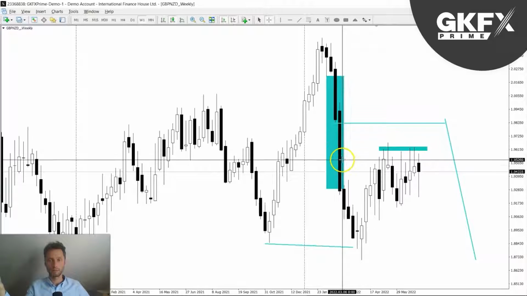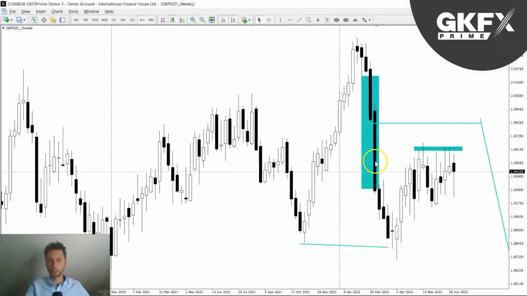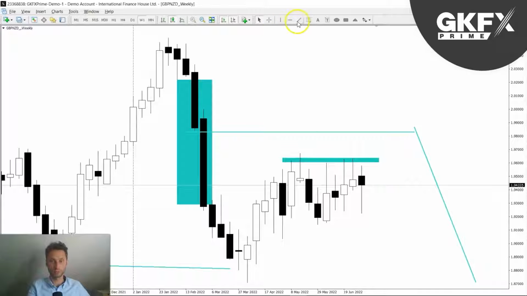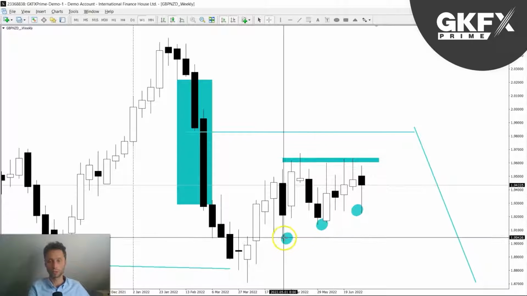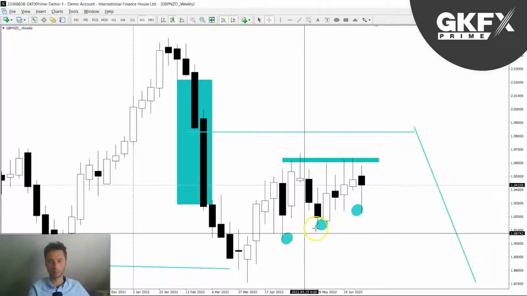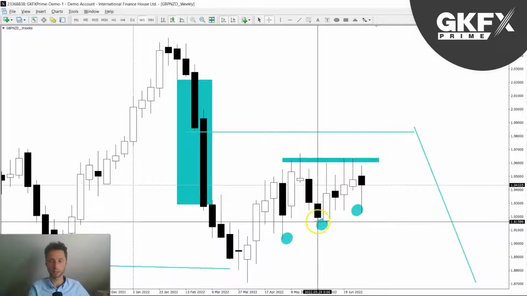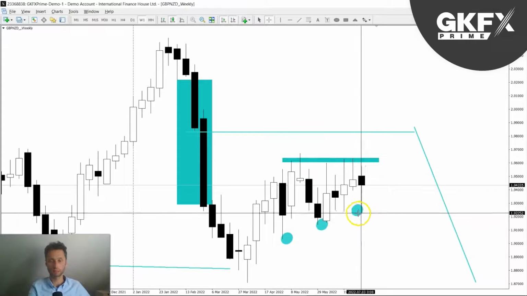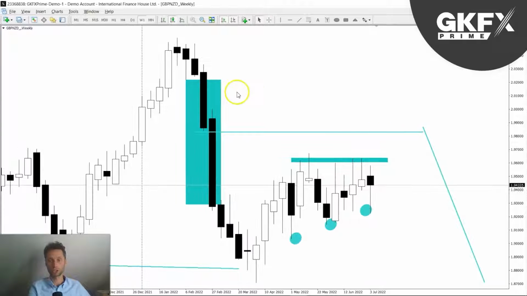Now it has filled in some of this area right here, and because I haven't seen a very strong reaction, we haven't reached lows. If I just zoom in for a second, we've got this low right here that wasn't breached. Then we have this low, and now we have another low. Each time you can see the market didn't breach below this, it respected this, it left this intact, and now we have another possible low to reach higher.